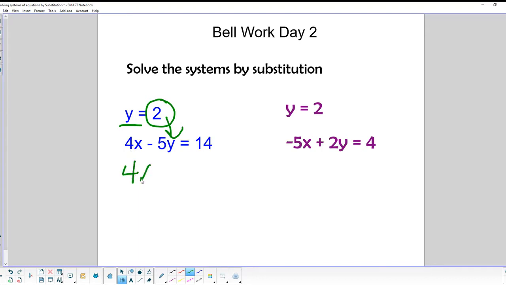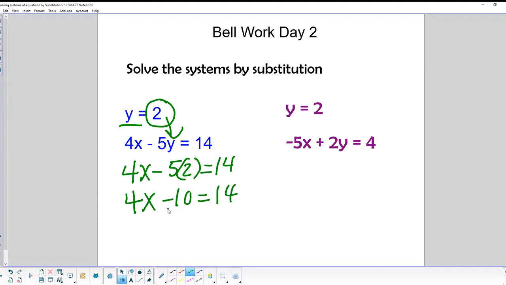So we will have 4x minus 5 times 2 equals 14. When we further simplify, we will have 4x minus 10 equals 14. And if we add 10 to both sides, we end up with 4x equals 24.